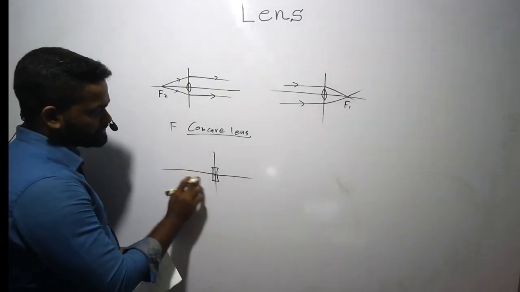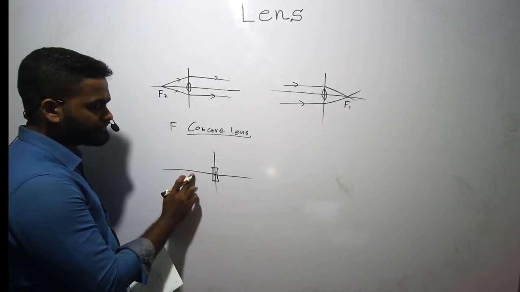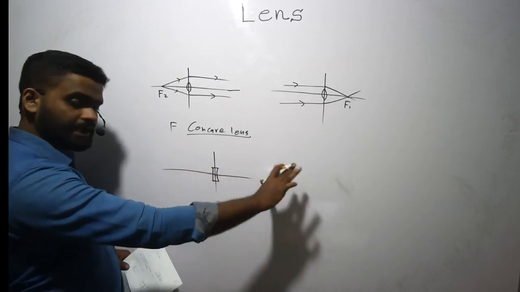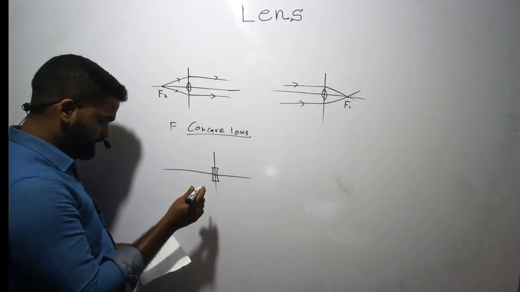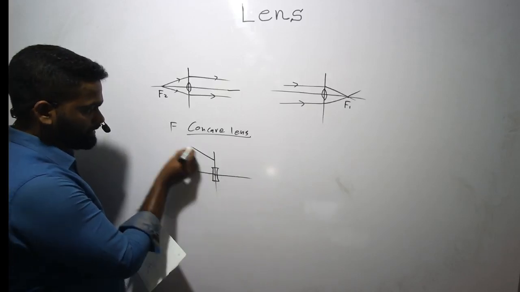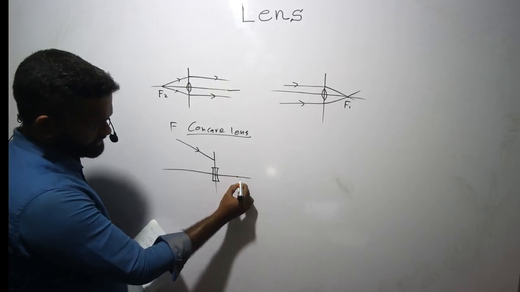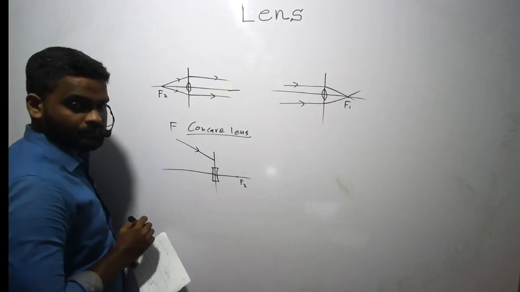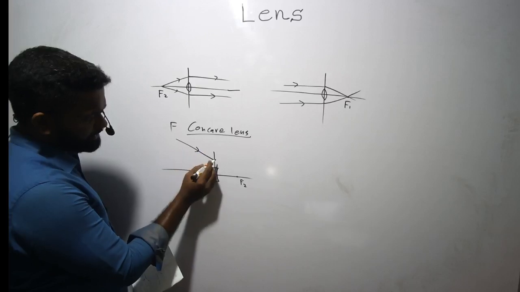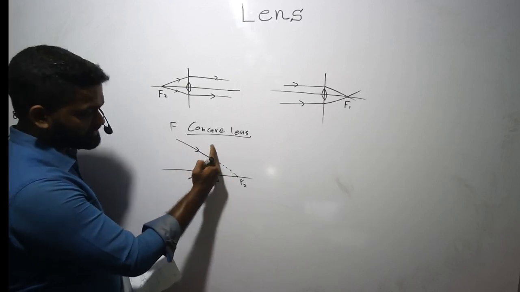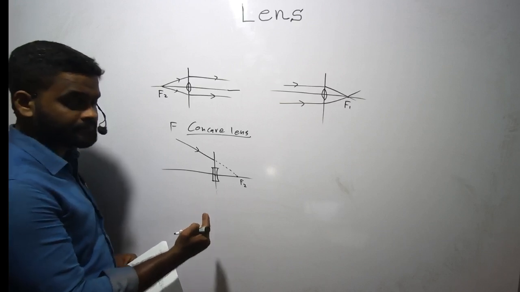Okay. So you know, for a concave lens, the primary focus is this side, the secondary focus is the other side, given that light goes in this direction. Let's say the secondary focus is here, f2. Then a light ray is supposed to go like this, but it is obstructed by the lens, right?